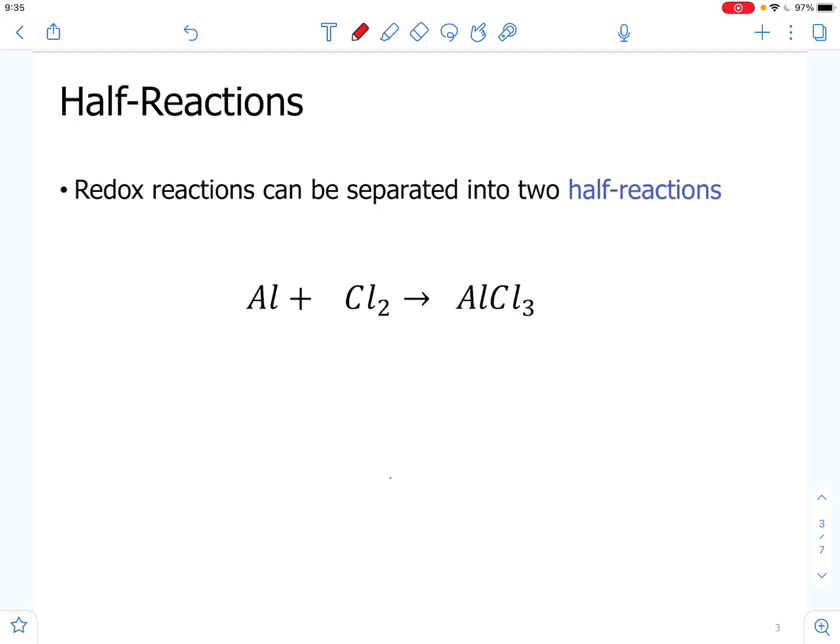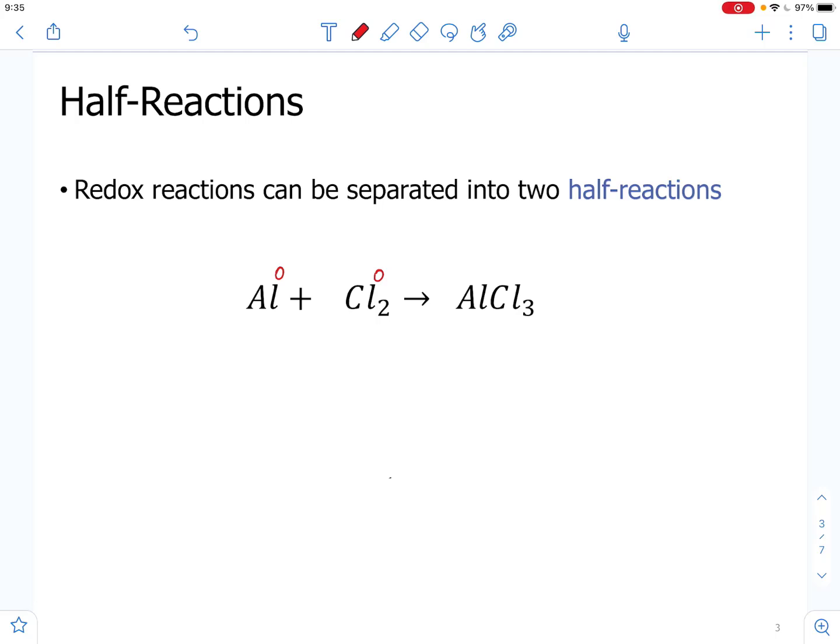Right? For any element that is by itself in its most stable form, the oxidation number is going to be 0. So here for aluminum it is going to be 0, and for chlorine it is also going to be 0, because even if it's a molecule, it is the elemental state for that element, and therefore the oxidation number is going to be 0.